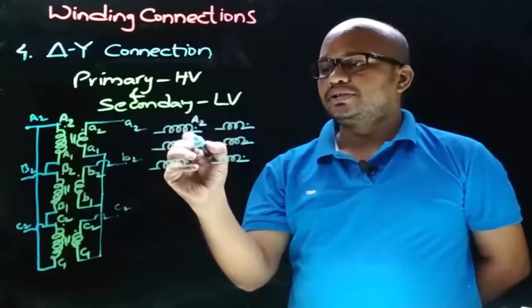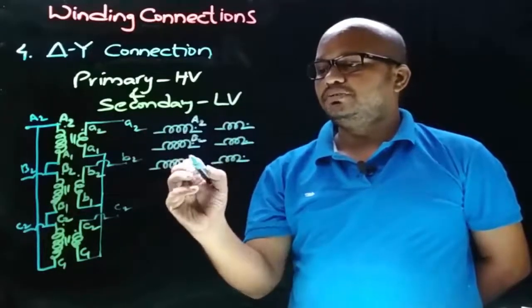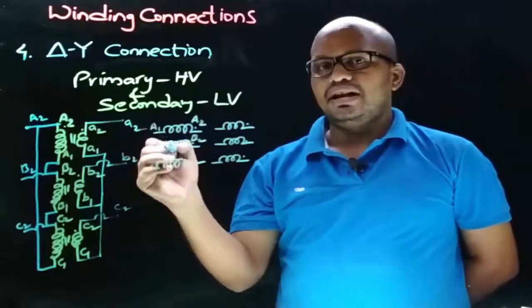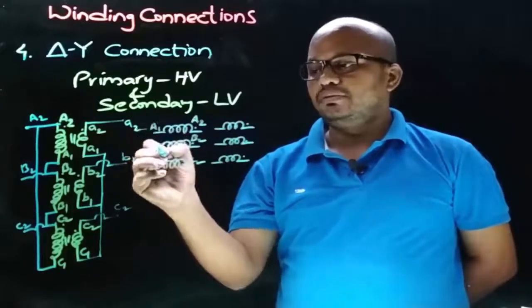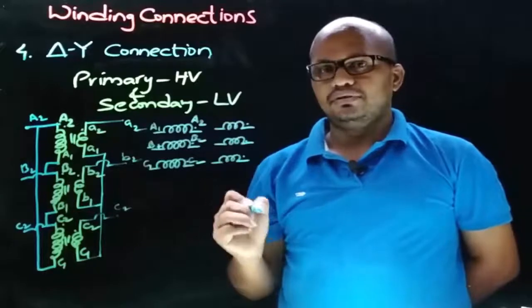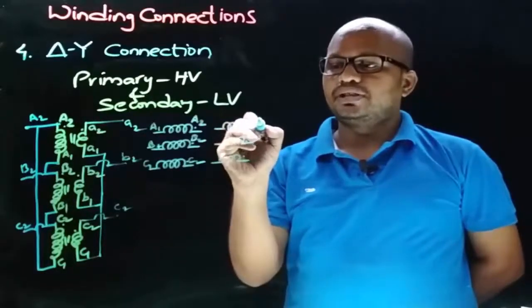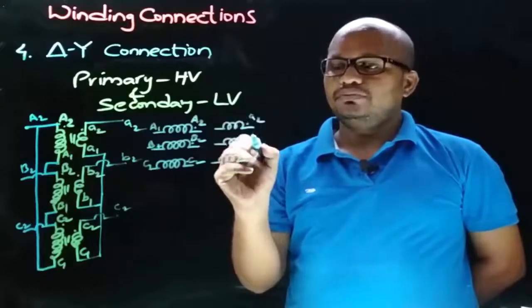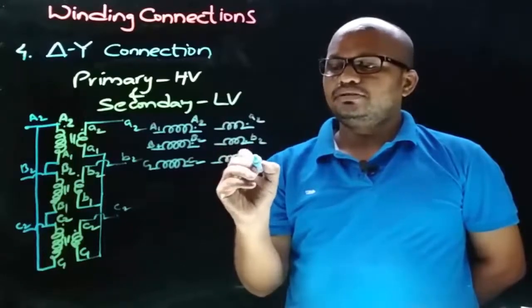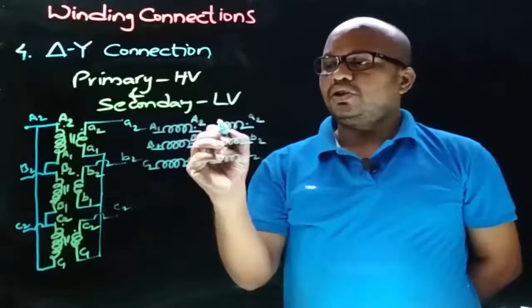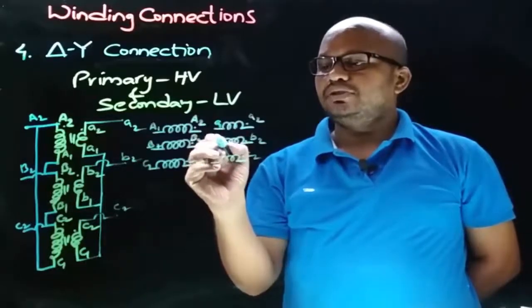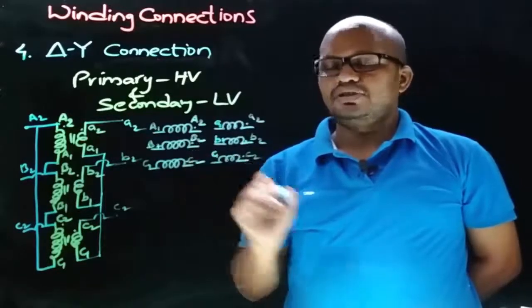So dot end terminals are A2, B2 and C2, and non-dot end terminals A1, B1 and C1. Now coming to the LV winding, notations are in smaller case, that is small a2, small b2 and small c2, and non-dot end terminals small a1, small b1 and small c1.